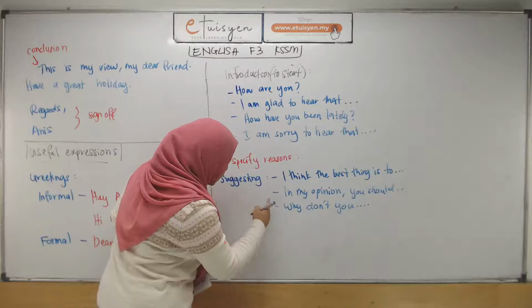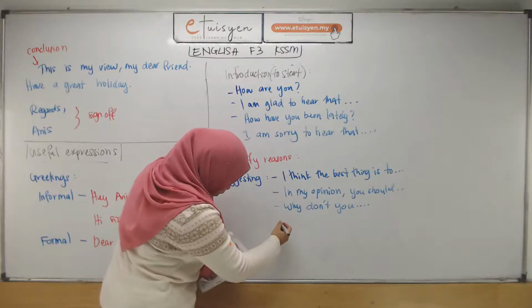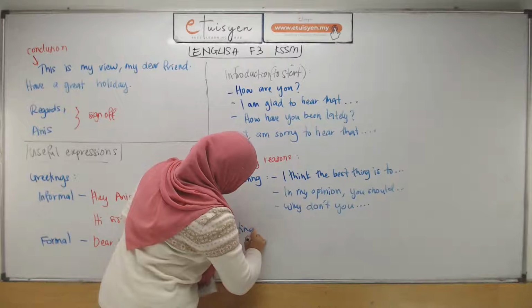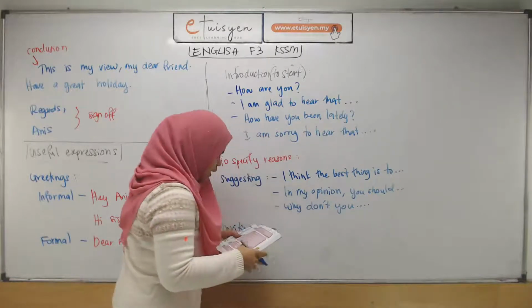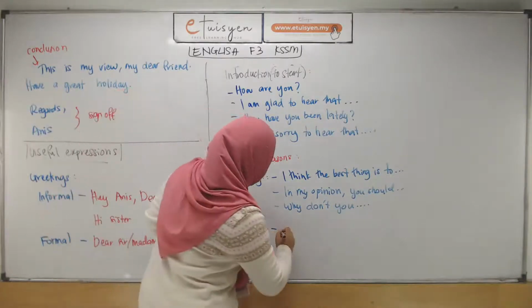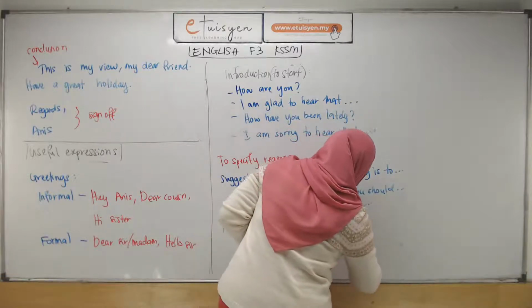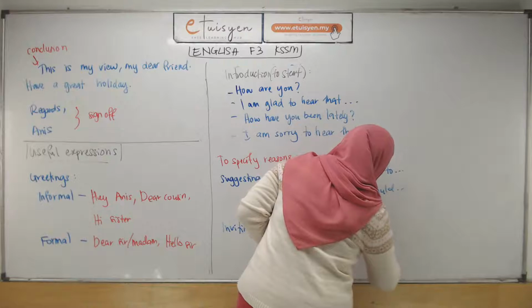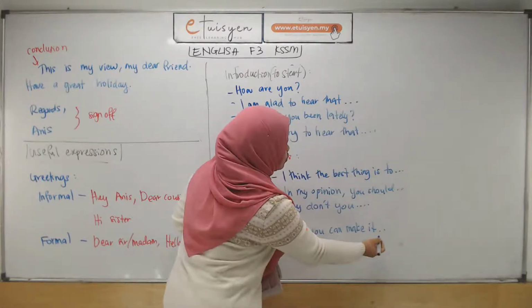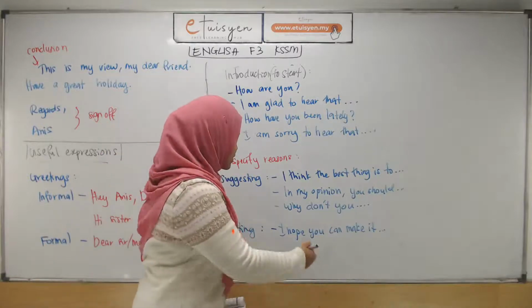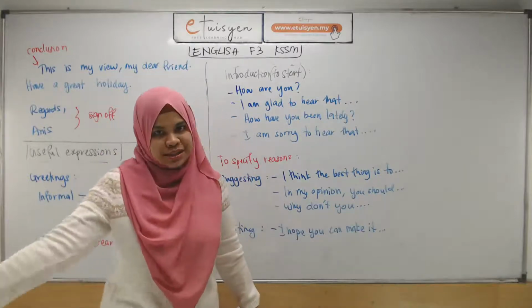Another one you can use is when you want to invite. For inviting, you can write "I hope you can make it." So instead of just writing "I'm inviting you to my birthday party" or something like that, you can write "I hope you can make it to..." somewhere.